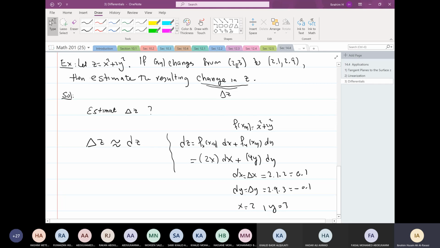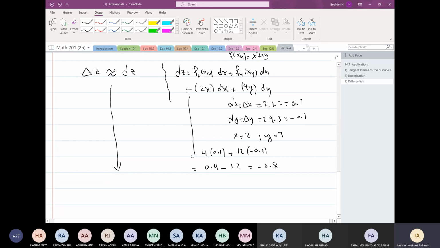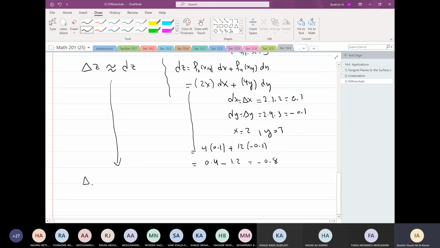Now I have x, y, dx, dy, so substitute. It will be 4 times 0.1 plus 12 times minus 0.1. So this is 0.4 minus 1.2, which is minus 0.8. So delta z is approximately equal to dz, which is minus 0.8.